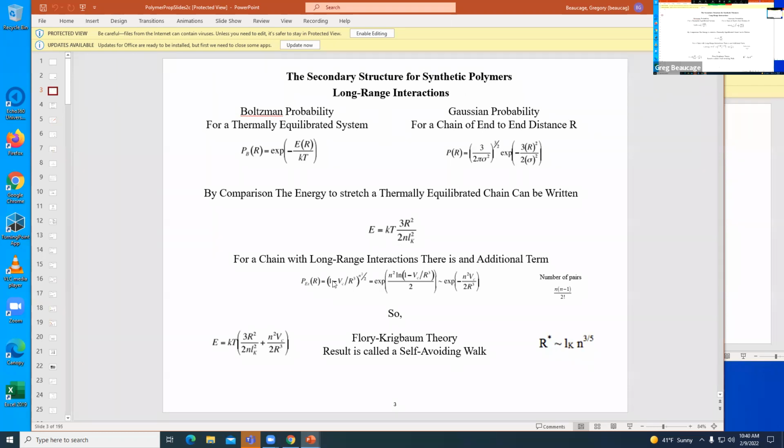Right, so you have this probability and there's another probability. Probabilities multiply. So you want to take this probability of the chain, which can cross itself, and multiply by the probability that it doesn't cross itself, which is 1 minus the probability that it does cross itself, which is the volume of that 1 unit over R cubed.